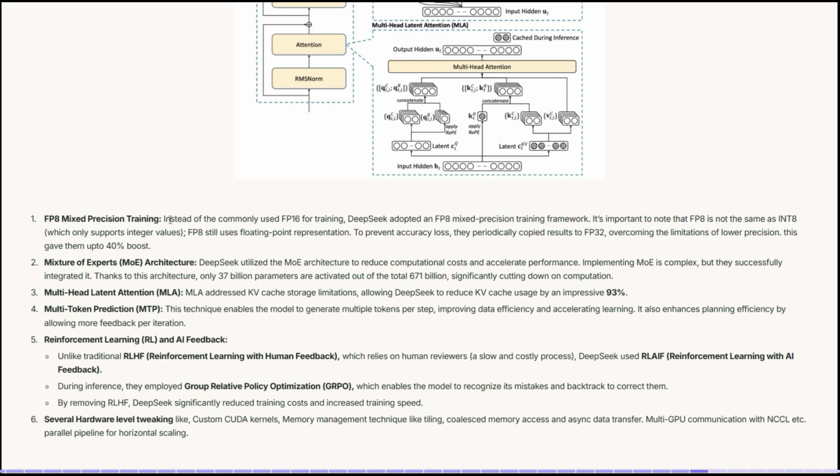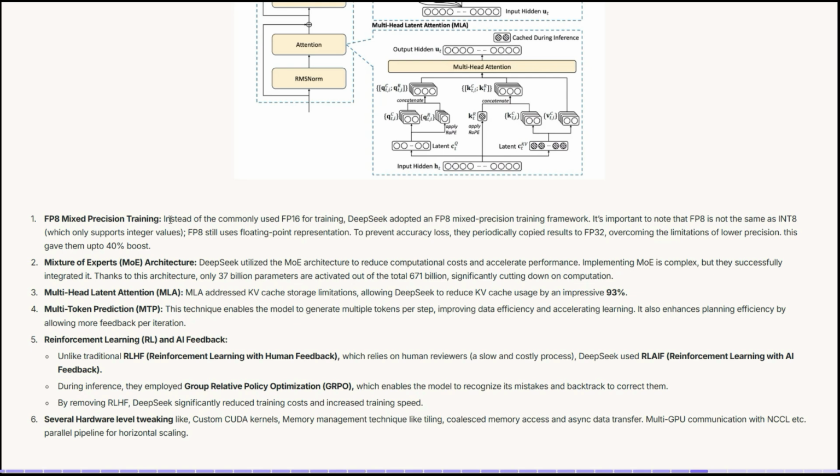Multi-token prediction, MTP. This technique enables the model to generate multiple tokens per step, improving data efficiency and accelerating learning. It also enhances planning efficiency by allowing more feedback per iteration. Reinforcement learning, RL, and AI feedback.